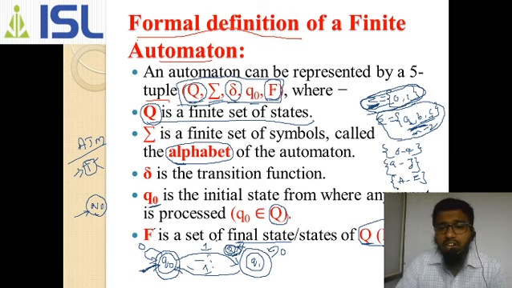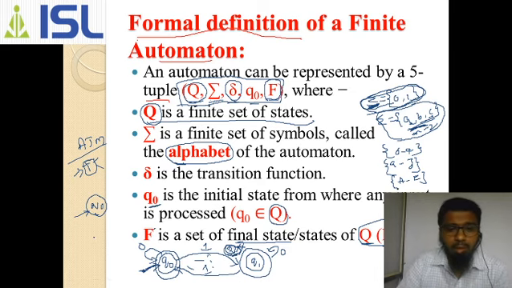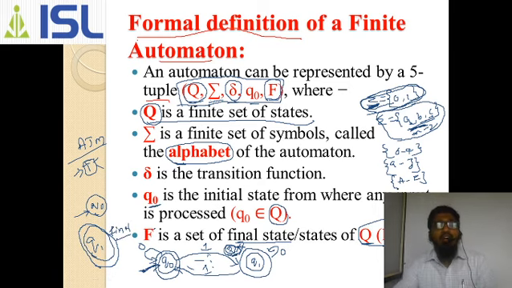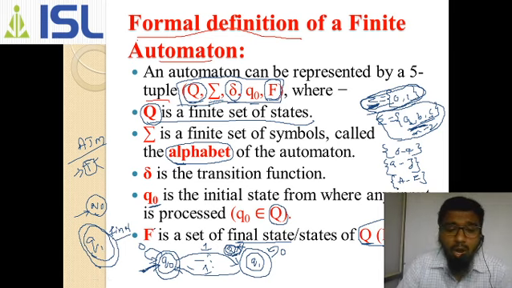And capital F is the set of final states of Q, F a subset of Q. Here, if you have a double circle, that means this is a final state, and you may have more than one final state. So this is a simple formal definition of finite automata.